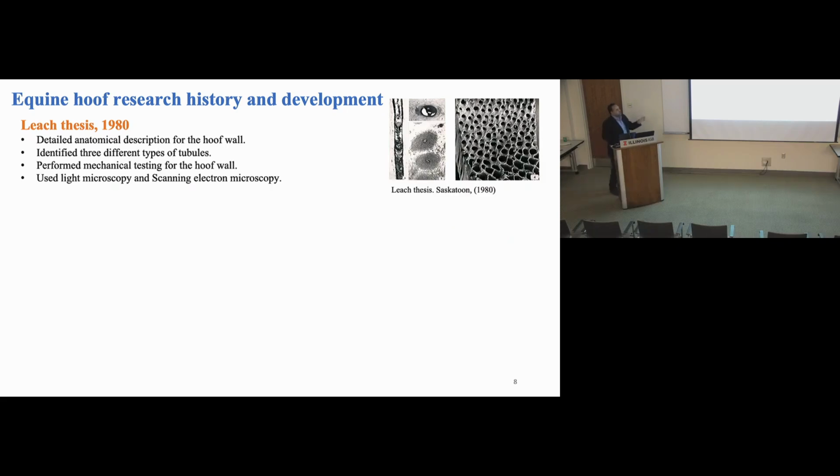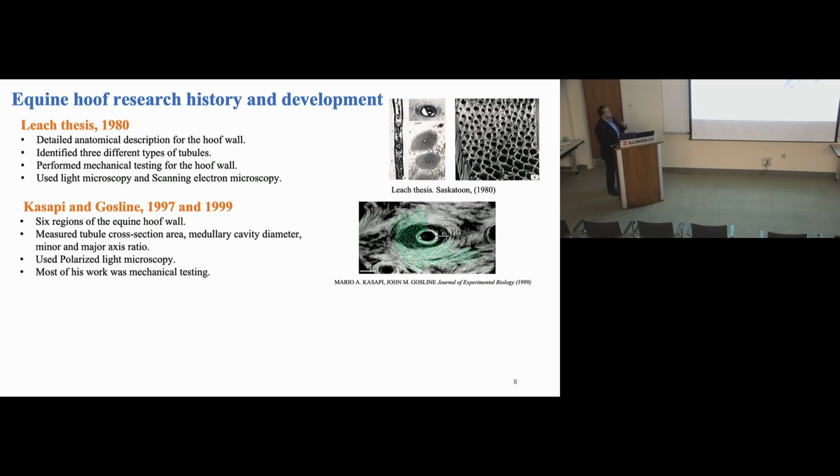This was in 1980. He mainly used a regular light microscope, because advanced microscopes were not common at that time, and he also used some scanning electron microscope. The second person, also very famous in that field, who came after him, was Gasser and Goslin. He did something new beyond the previous guy.